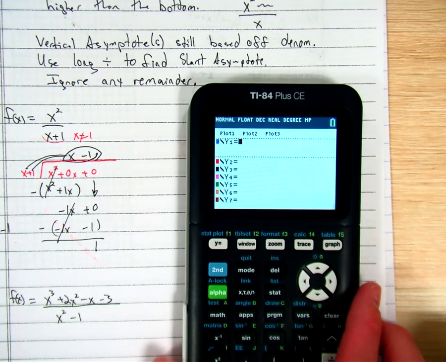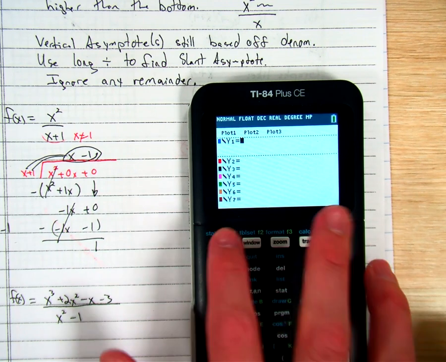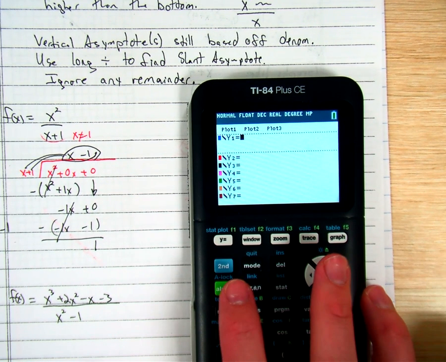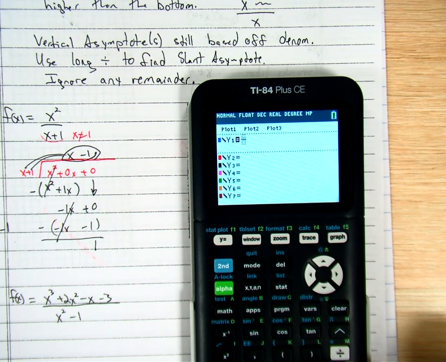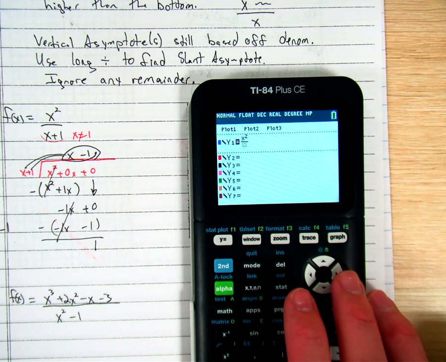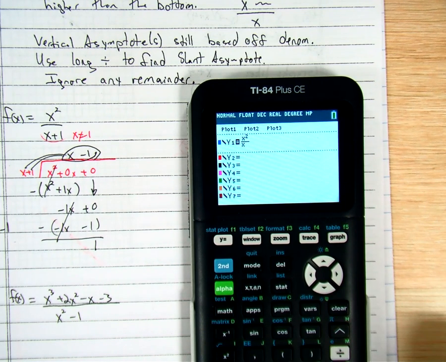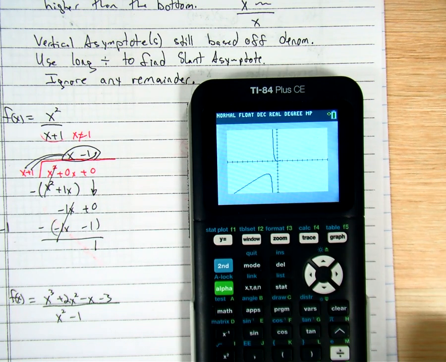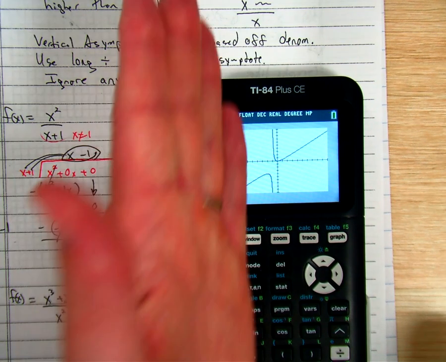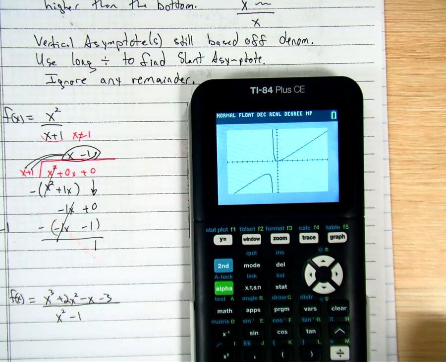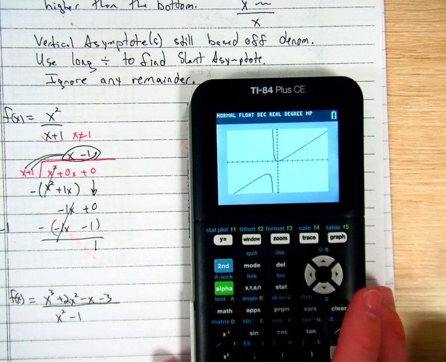Let's type it in. Y equals, we're going to use alpha, y equals, go fraction button here. x squared over x plus 1. Alright? You can definitely see where the vertical asymptote is, and you can really see that slant asymptote, how they're both kind of approaching that slanted line.